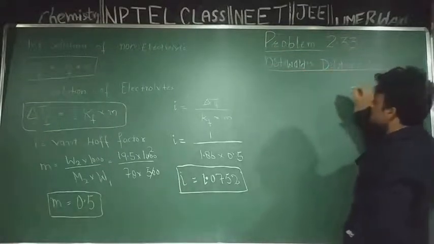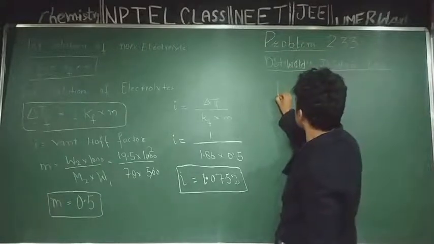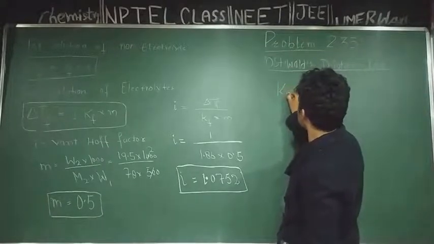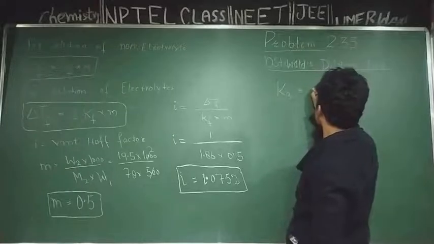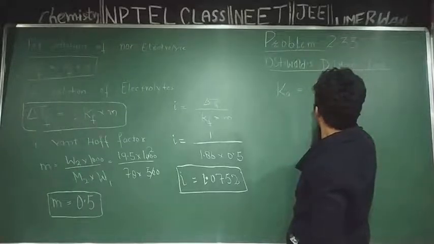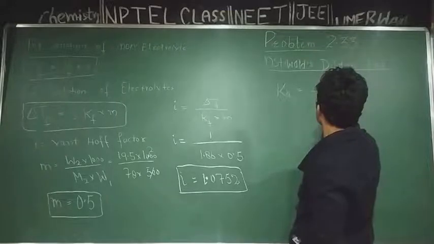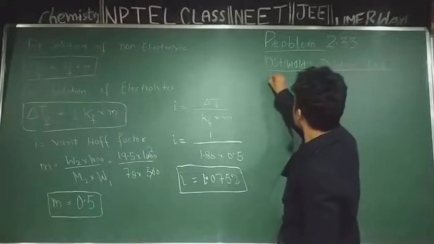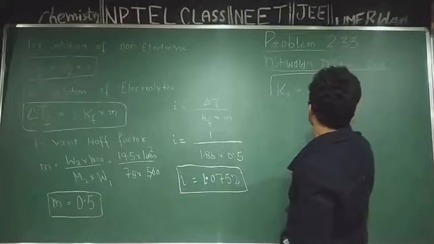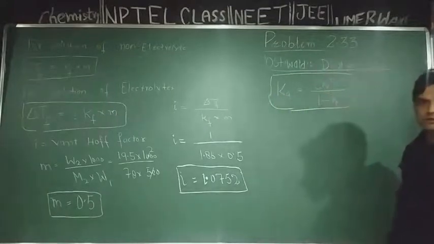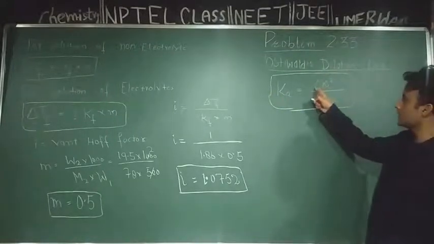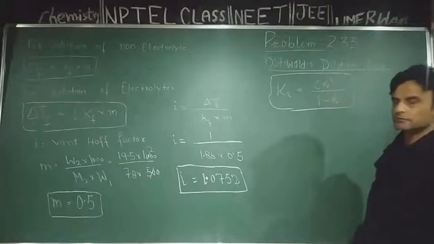As per Ostwald's dilution law, dissociation constant of fluoroacetic acid is equal to C alpha square divided by 1 minus alpha. Dissociation constant of fluoroacetic acid we can calculate by this equation, where C is molality, alpha is degree of dissociation.